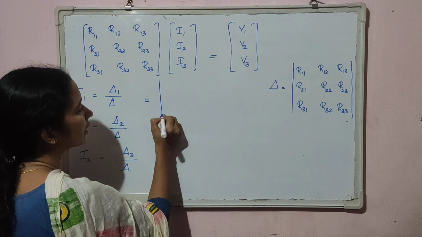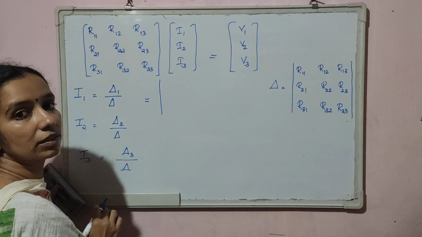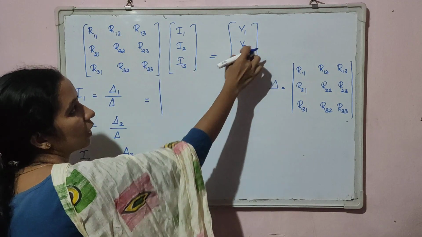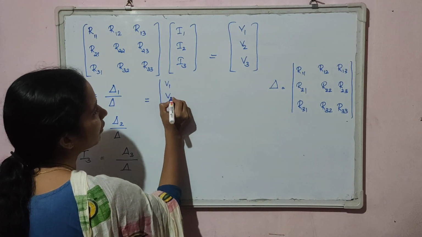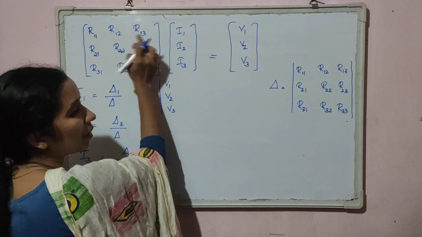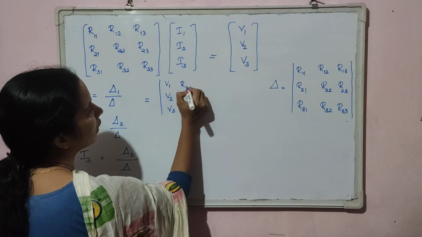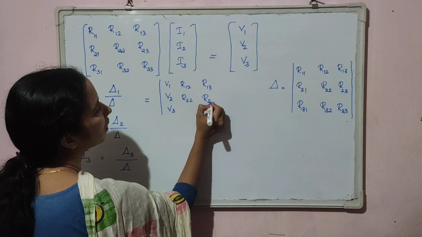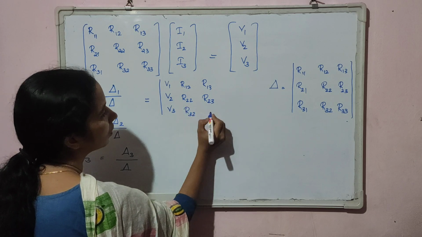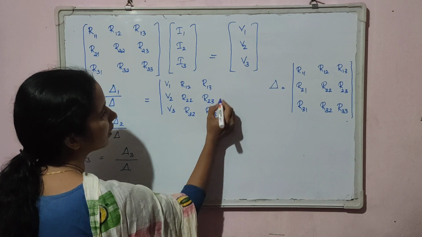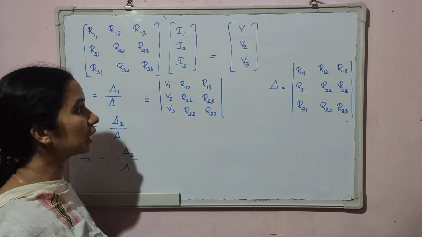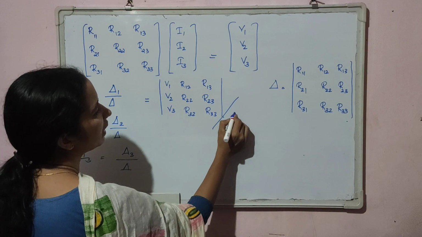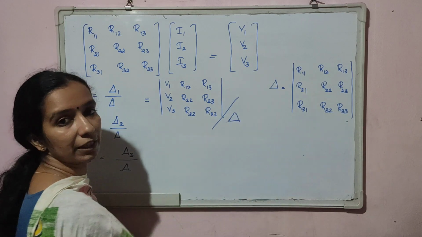Delta 1 is the determinant of the matrix obtained by replacing the first column of this matrix by the voltage column. That is, the first column becomes V1, V2 and V3, and the remaining columns are the same: R12, R13, R22, R23, R32, R33. So this is delta 1, and delta 1 divided by delta gives I1.